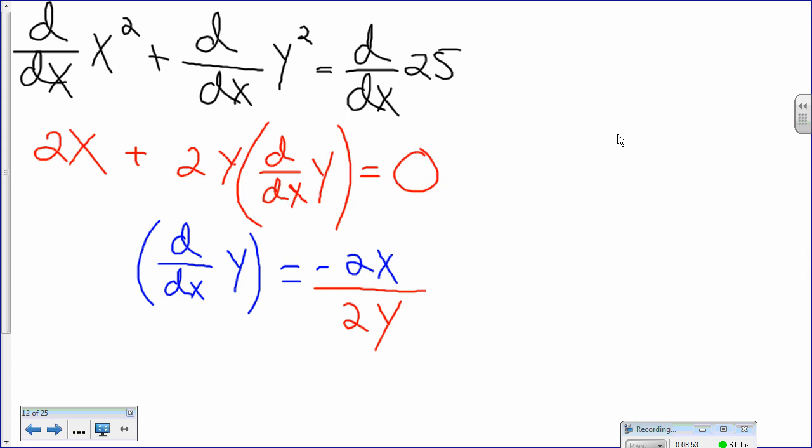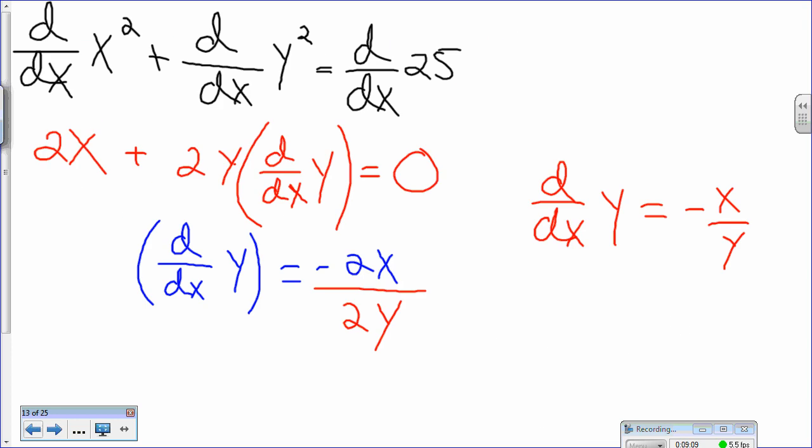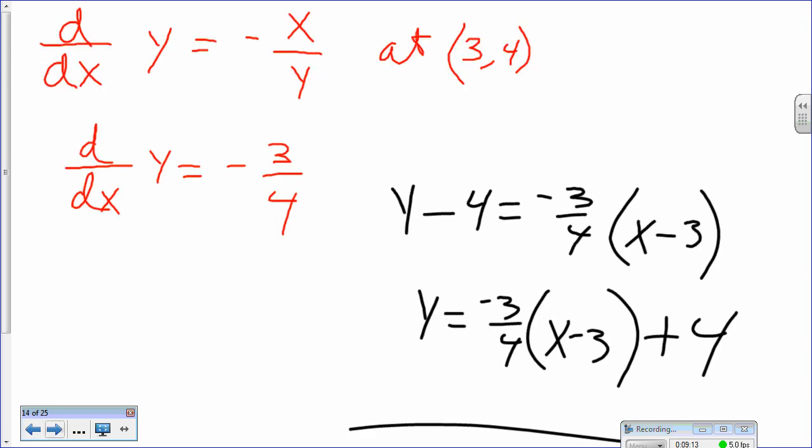It's in terms of x's and y's. But I know both an x and a y value. After I simplify, I get negative x over y, and then plug in the values. So I know x was 3, I know y was 4, so the slope is negative 3/4.